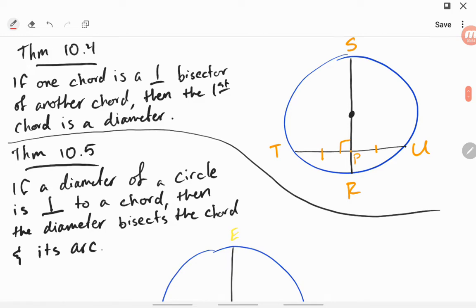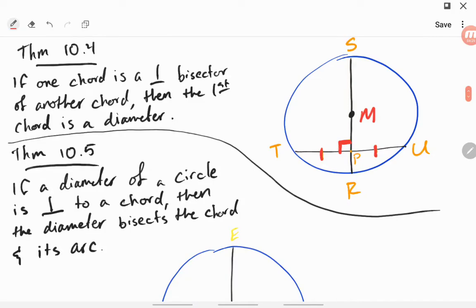And this one, you can see I've got an example over here on the right. We've got a circle. Let's name this circle M. I've got circle M, and I've got a diameter, it looks like, and I've got another chord, and it looks like they are intersecting. And it looks about like that one chord, the longer one, is a perpendicular bisector. And we can see that here. I'll go over the orange with the red. It's a perpendicular bisector of our second chord.